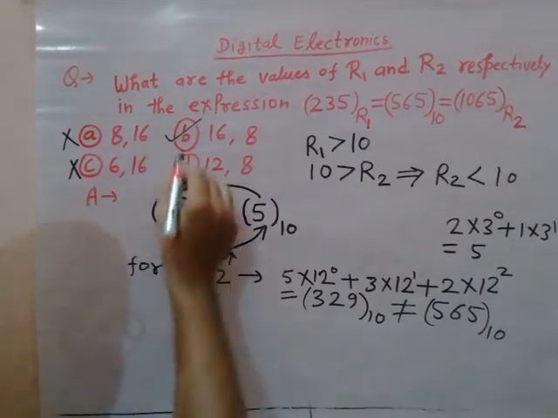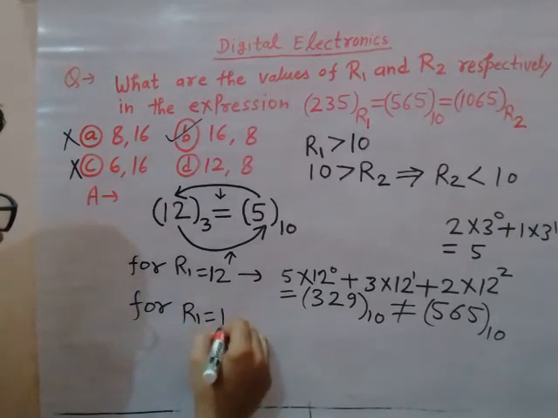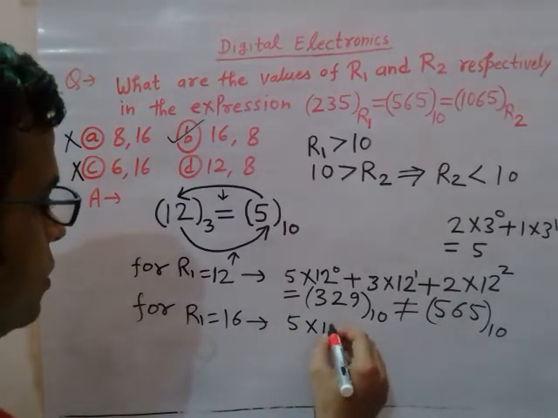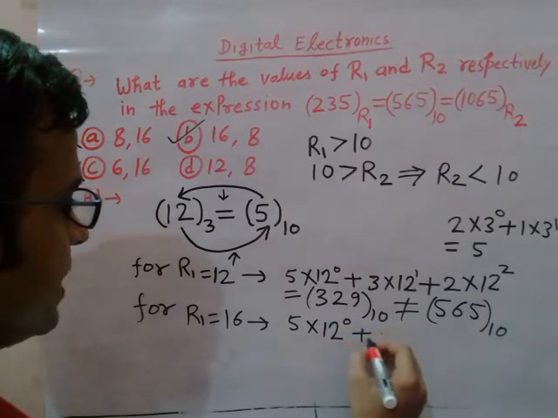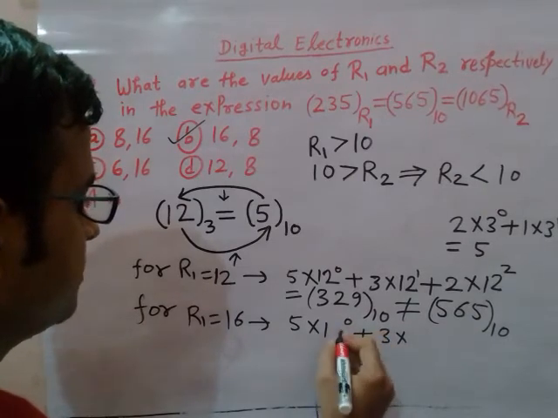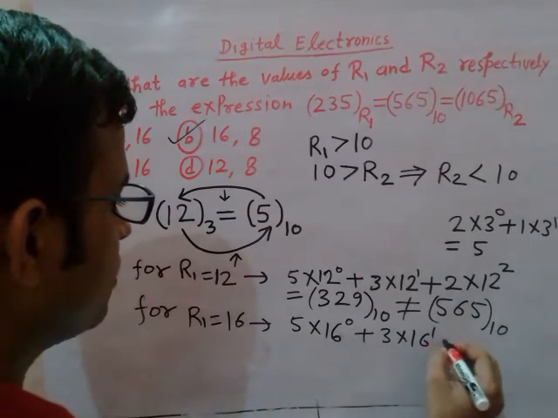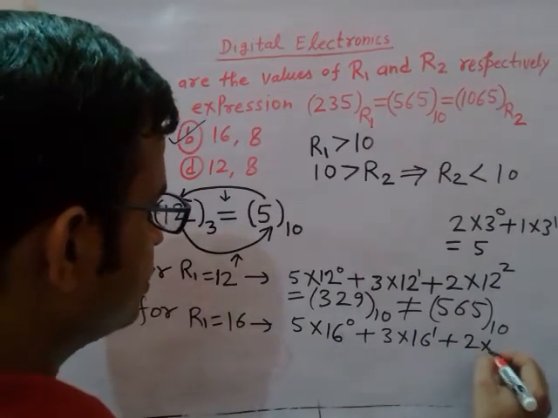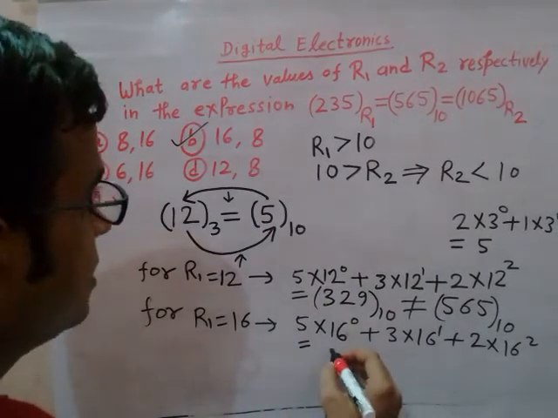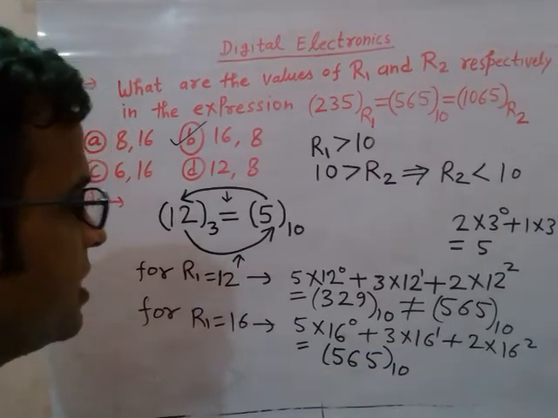Now let us check option B also, for R1 equal to 16. So 5 into 16 to the power 0 plus 3 into 16 to the power 1 plus 2 into 16 to the power 2. When you calculate this, you will get 565 in decimal, right?